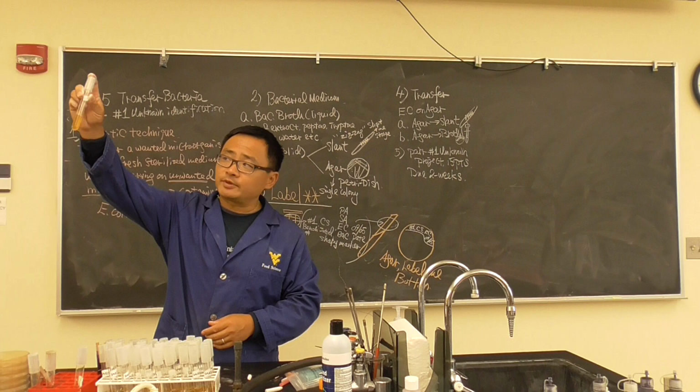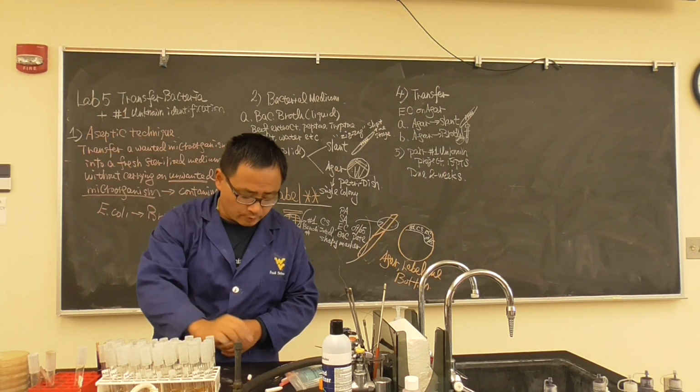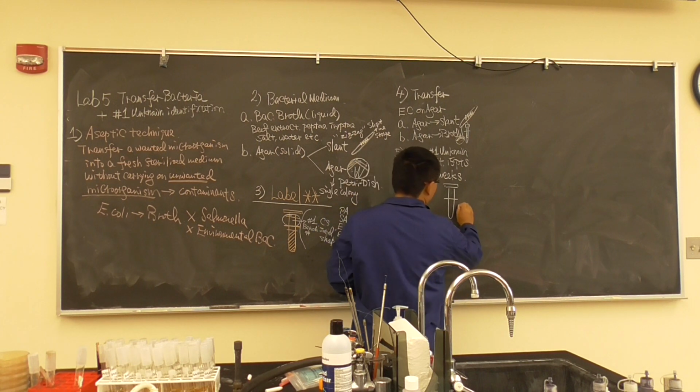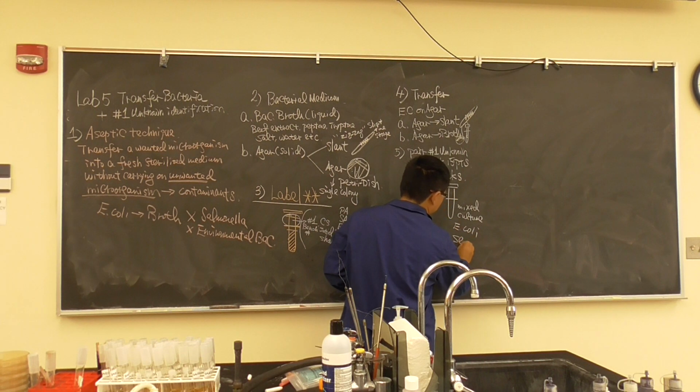You will get a mixed culture like this. This mixed culture has 2 bacteria there, so it's a mixed culture. The mixed culture has 2 bacteria, which are E. coli and Serratia.